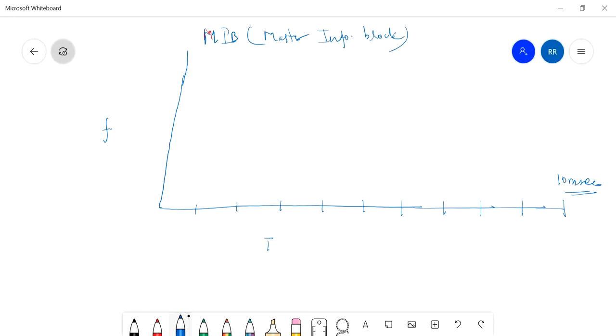So MIB comes if this complete one is 1 millisecond, and this half is 0.5 millisecond, and if we expand this one, then here 7 symbols come.